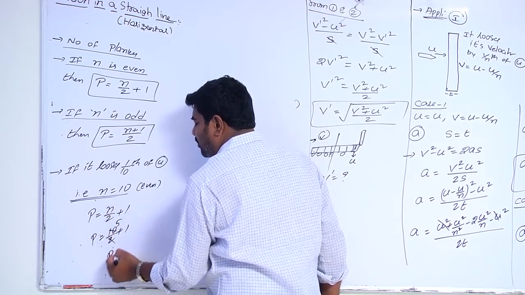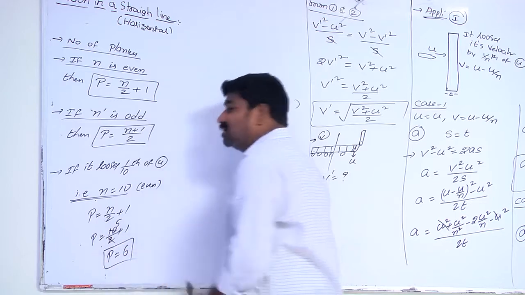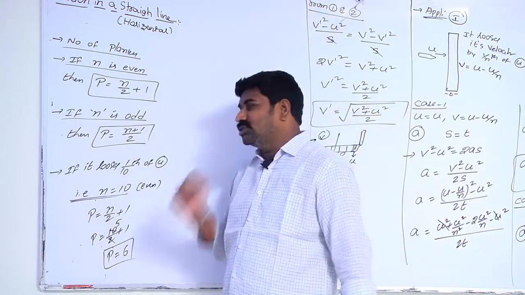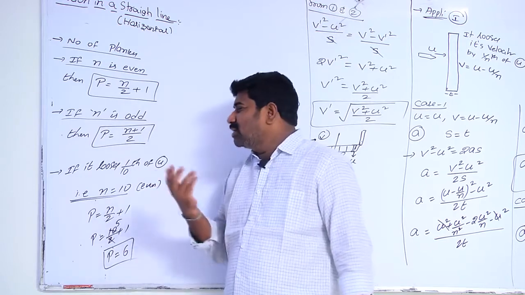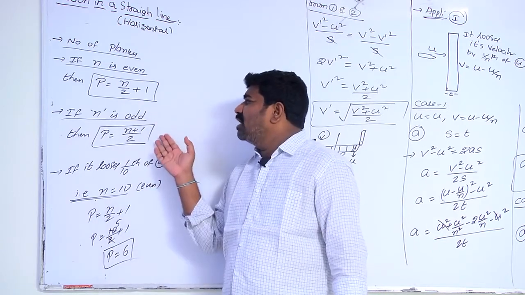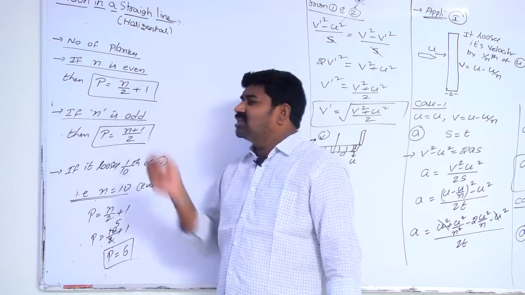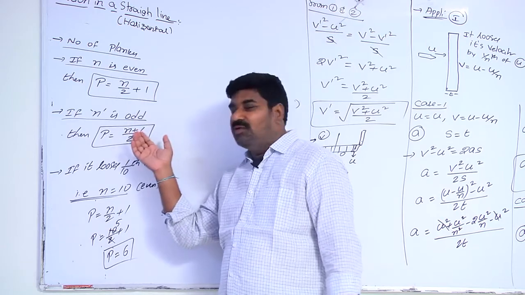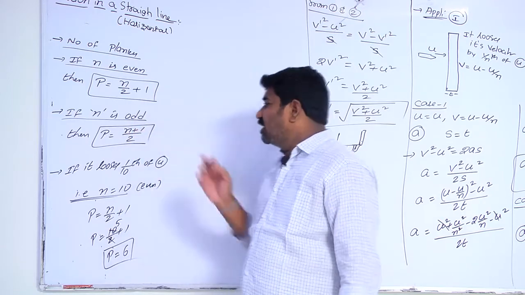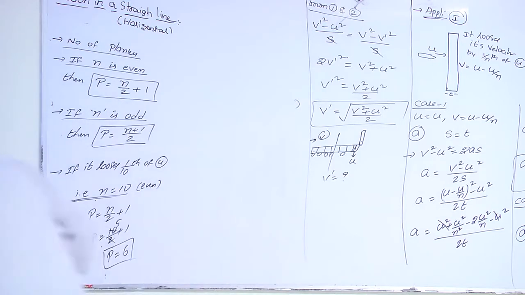How many planks are required? 6 planks are required. So n even: n/2 plus 1; n odd: (n plus 1)/2. It is easy to remember: if it is divisible by 2, use n/2 plus 1. If it is not divisible by 2, then we go for (n plus 1)/2 as the number of planks required.